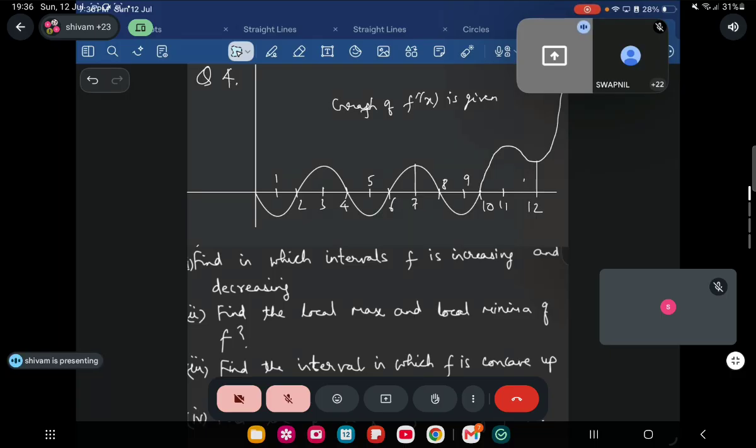Abhipsha, check part 1. Think properly. How can a point be maxima and minima both at the same time? Oh, okay, now it is correct.